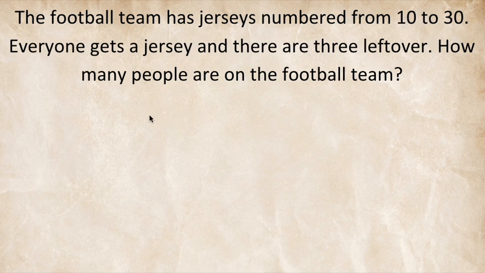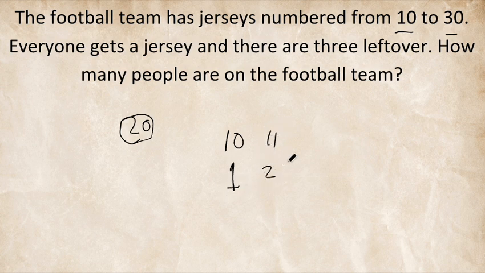You might think that there are just 20 jerseys, but this is not correct, because if the jerseys are numbered from 10 to 30, that means 10 is already one jersey, 11 is two jerseys, and so on. If you get to 20, you'll notice that this is 11 jerseys. So whenever both numbers, 10 and 30, are included, the number of elements between them is the subtraction plus 1.